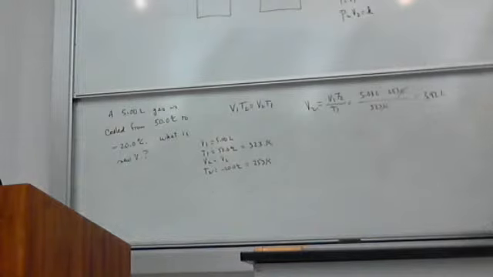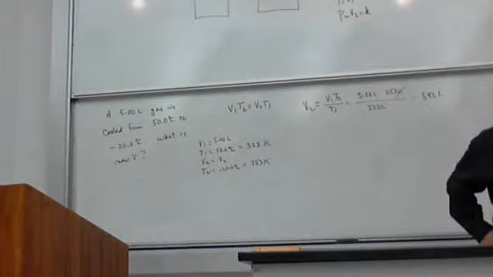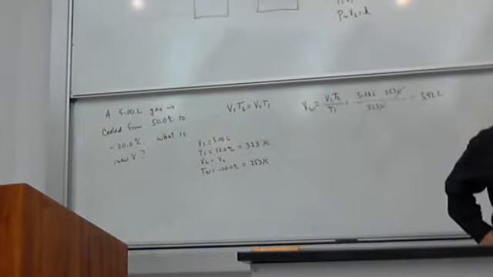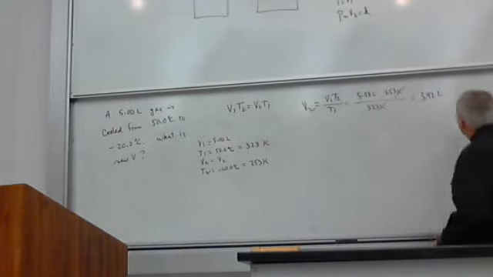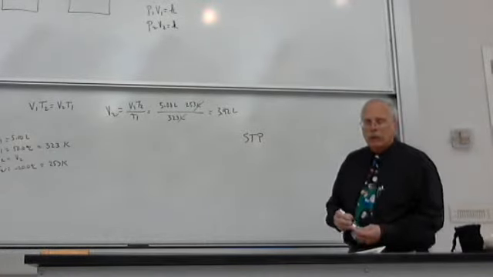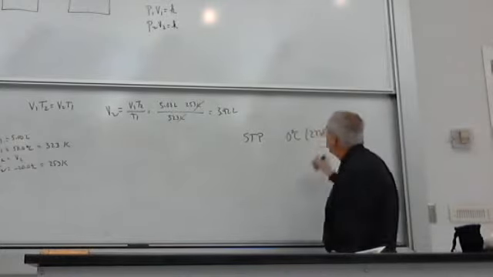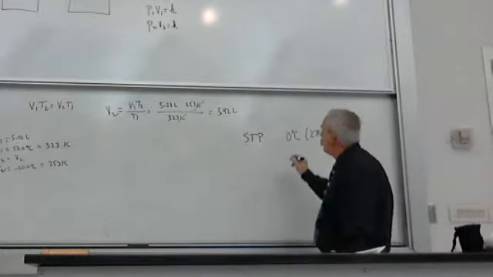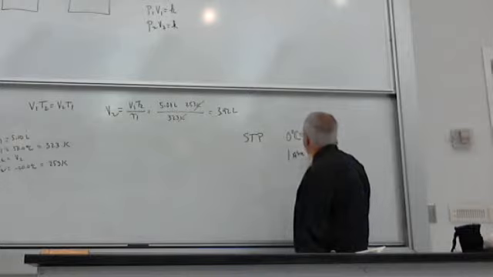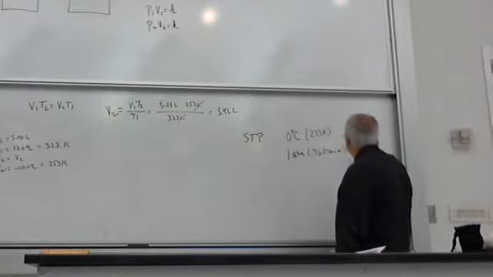Now, it's going to be convenient for us to work with what are called a set of standard conditions. People that work with gases have made some standard definitions for certain conditions. Standard conditions of temperature and pressure, abbreviated STP, are defined as 0 degrees centigrade, so that's 273 Kelvin, and 1 atmosphere, which remember is 760 torr or millimeters of mercury.